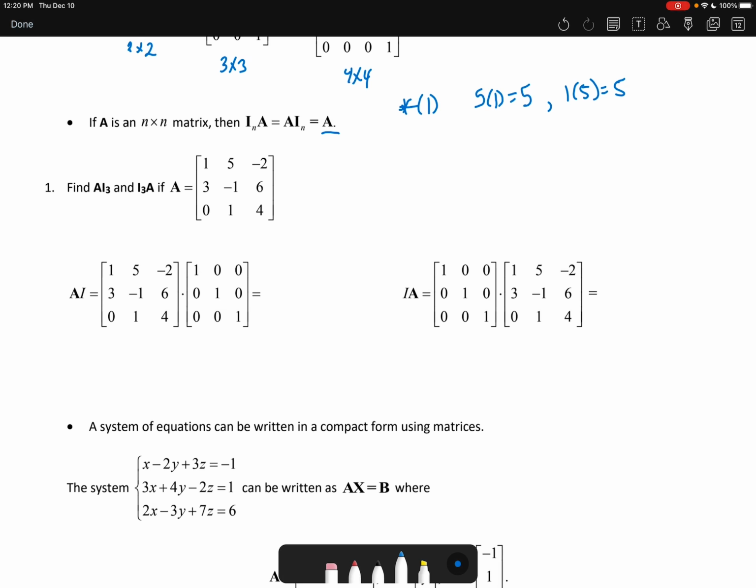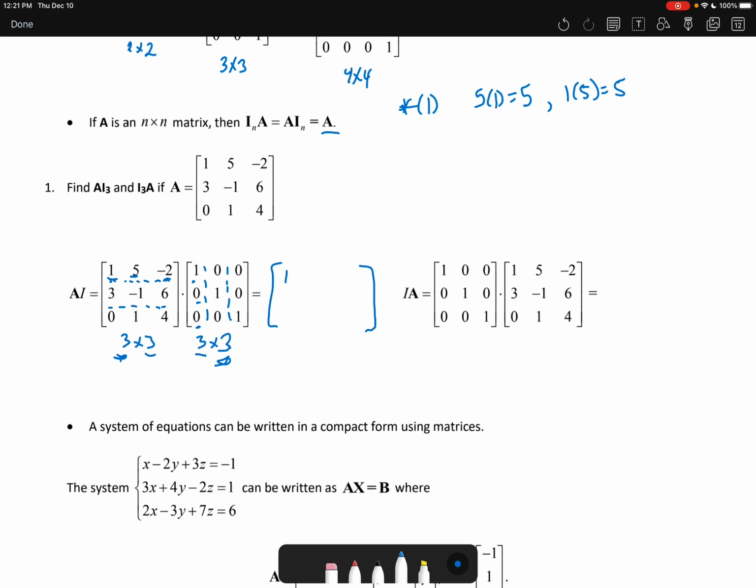So let's just see how that works. First of all, it's a 3 by 3 and another 3 by 3, so we are allowed to do this multiplication. The inner numbers match, and it also tells us that we will get a 3 by 3 answer. Drawing some dashed lines in here to help us with this multiplication will look like this. And remember, we're going to go across and down, across and down, across and down. I'm going to do this fairly quickly, but if you take 1 times 1 plus 5 times 0 plus negative 2 times 0, you get 1.